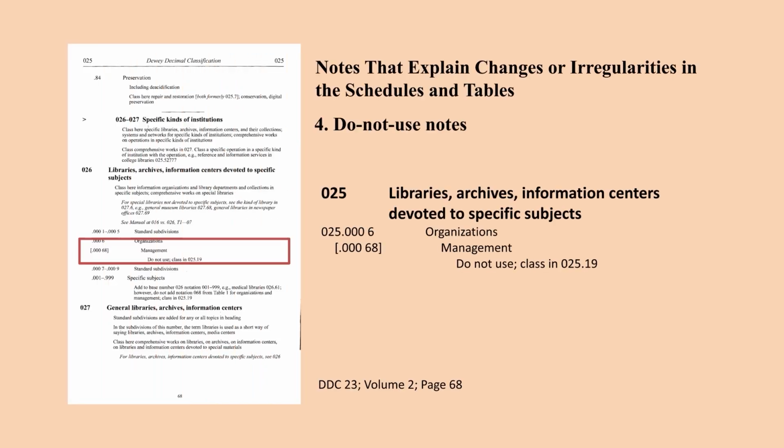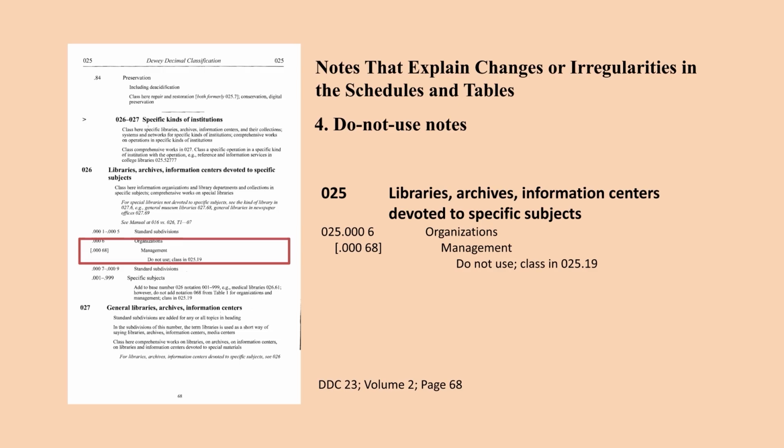The final one is do not use note. The same is available under 025, that is in the page number 68, 025.306, that is organization. Under it, 025.3068, it comes within third bracket.